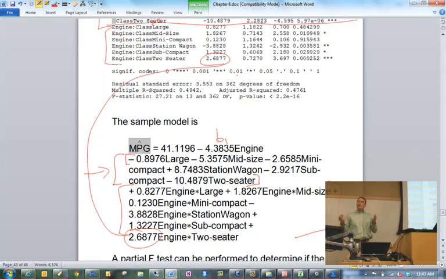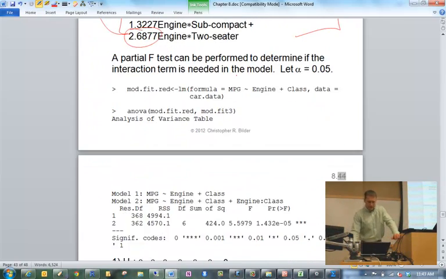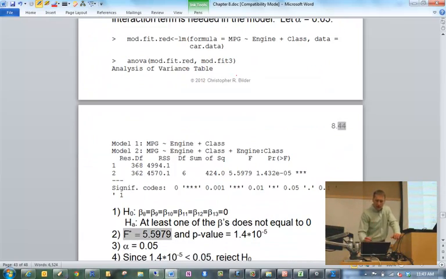So let's say I want to determine, is this interaction helpful to me or not? How could I make that determination? Do a partial F-test, where you test all the beta coefficients on the interactions. First, I'm going to estimate my model with just engine and class in it.